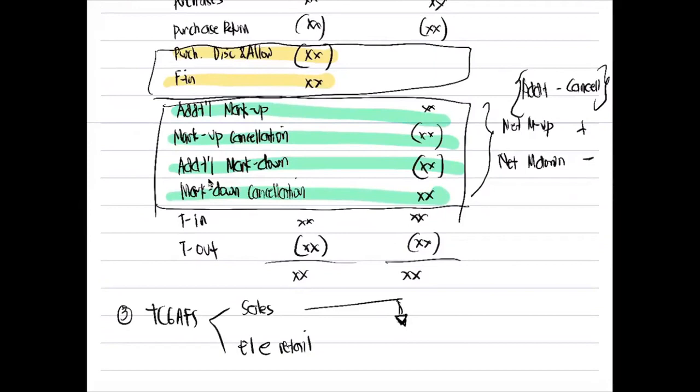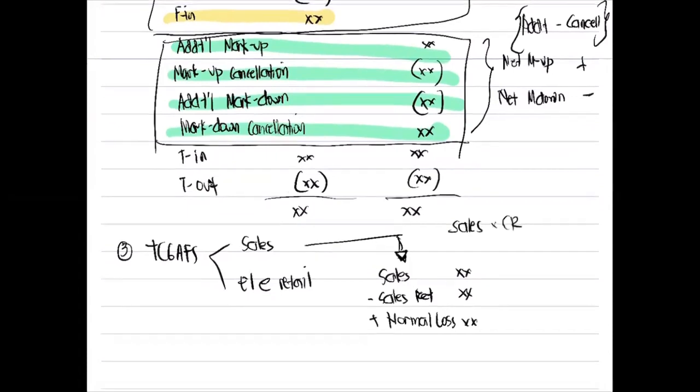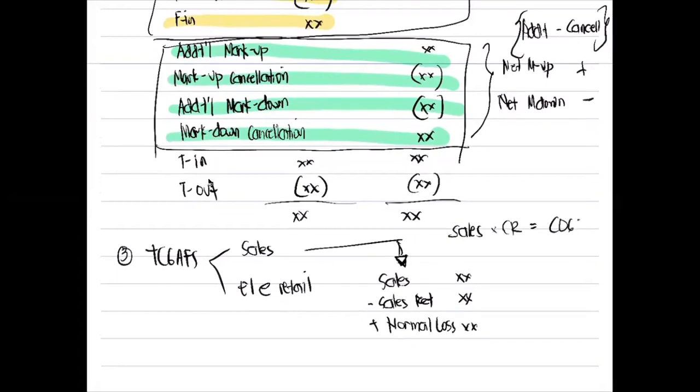Sales is equal to sales less sales return. You already know the reason why we deduct sales return, but we ignore any allowance or discount, plus normal loss. Sir, why do we treat normal loss as an addition to your sales? We said earlier that the sales you compute multiplied by the cost ratio is equal to your cost of goods sold. And your loss is either normal or abnormal.